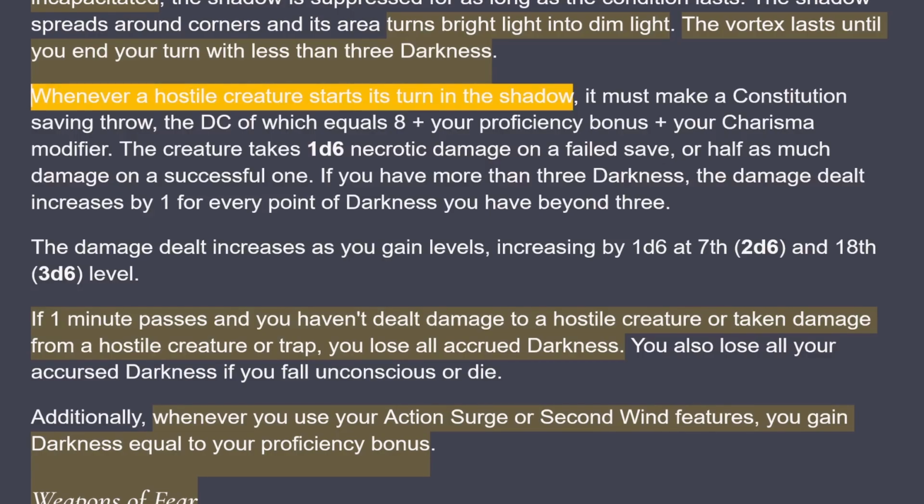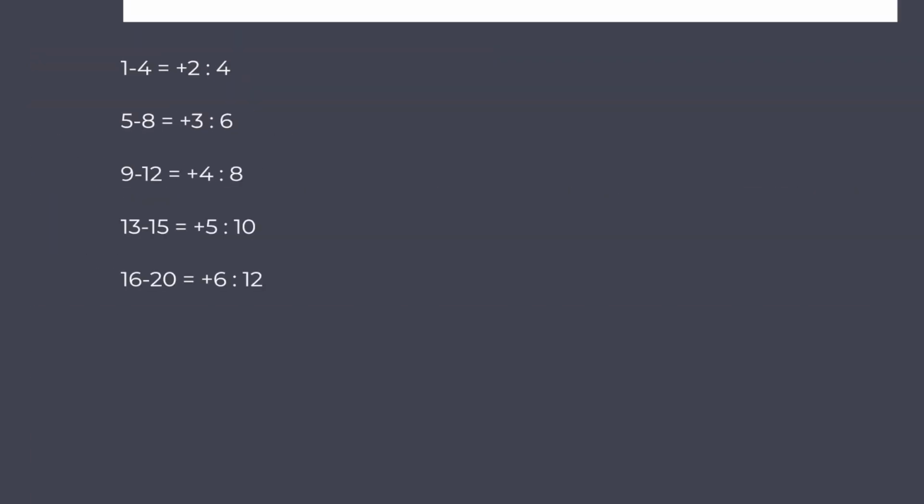And we've got scaling. So fighters scale at 7, 15, and 18. The scaling's lovely to have. It means that this doesn't just become a lame feature later on, especially since we're going to be able to turn this on and add to the positive above 3 additional damage modifier really easily as we gain more proficiency levels. So 5 to 8, 9 to 12, 13 to 15.